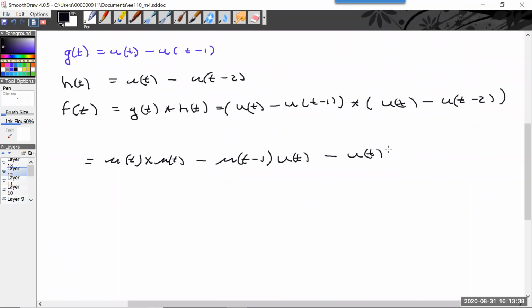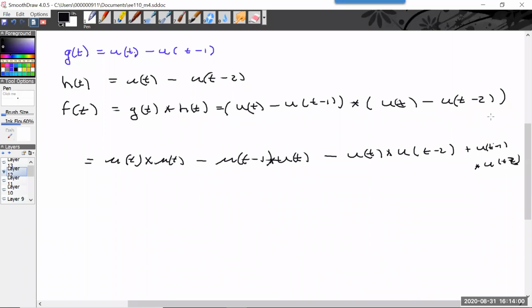Oops, sorry, I'm forgetting my convolution symbols. And then we get plus u(t minus 1) convolved with u(t minus 2).